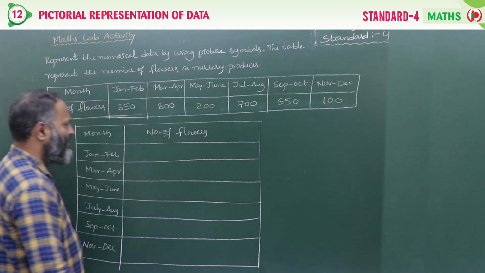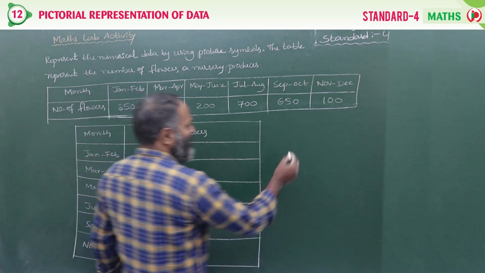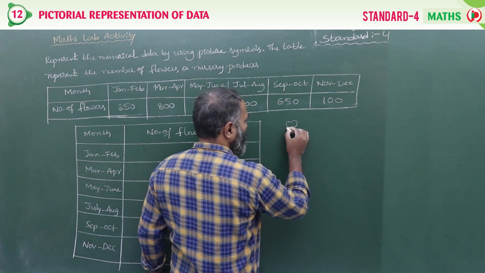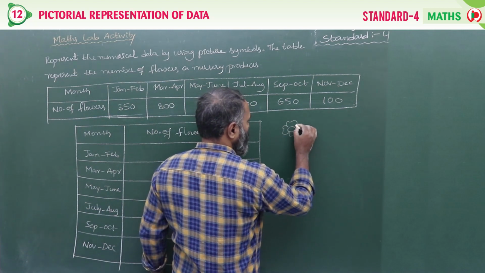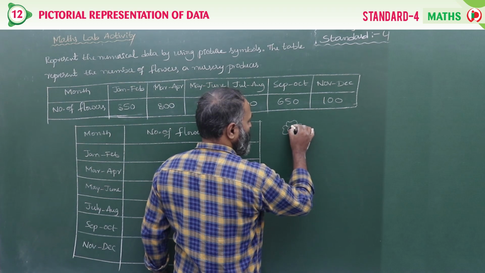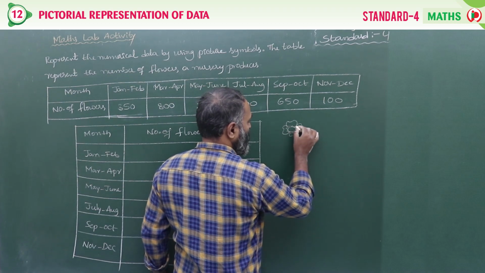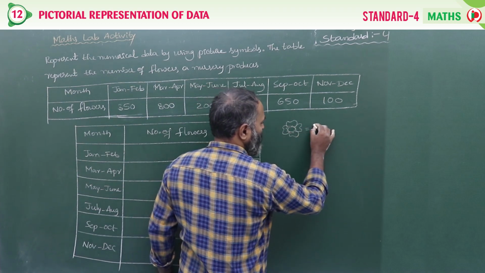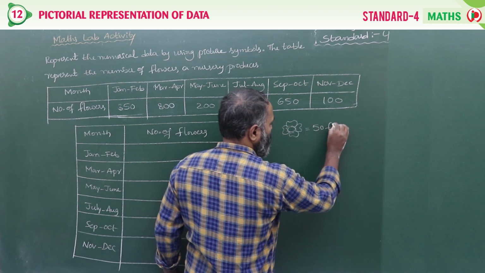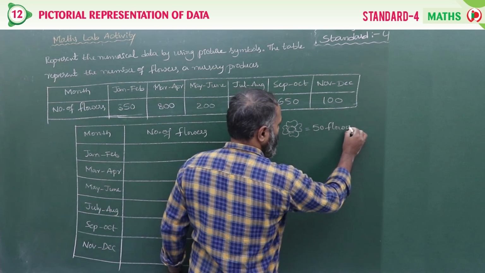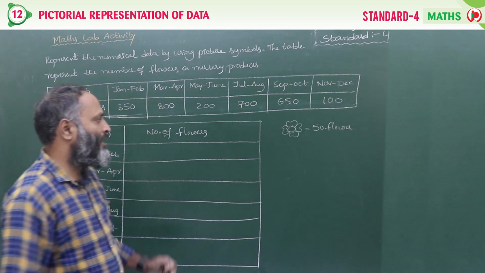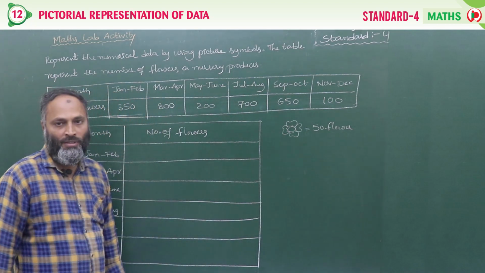Then how many flowers are produced? Here consider one flower is equal to 50 flowers. One flower picture represents 50 flowers.